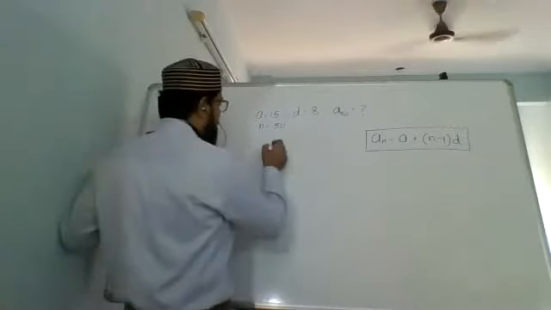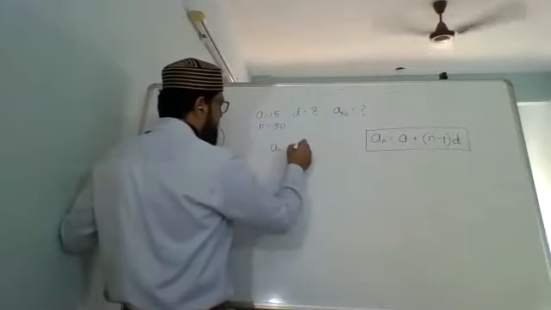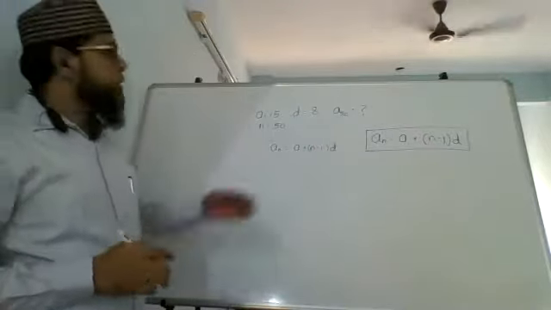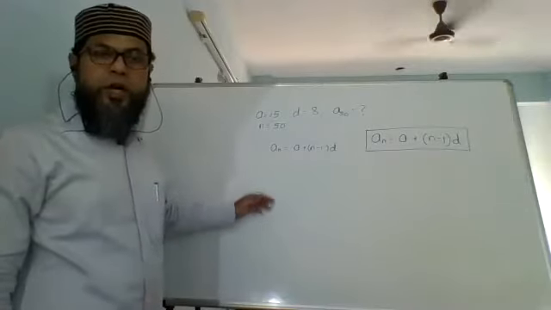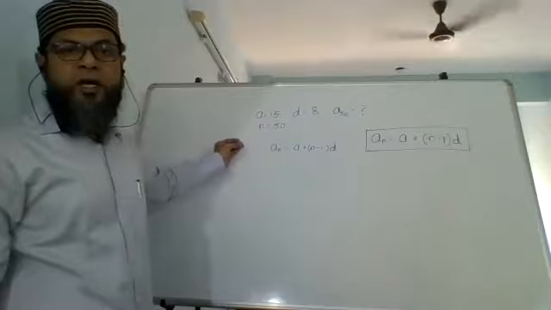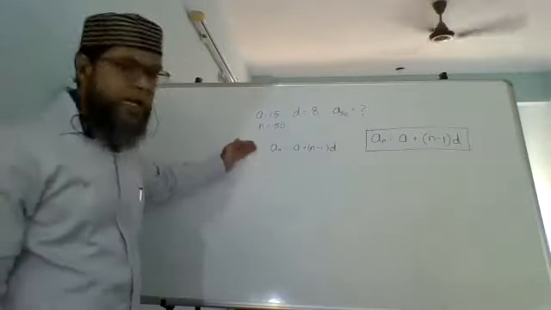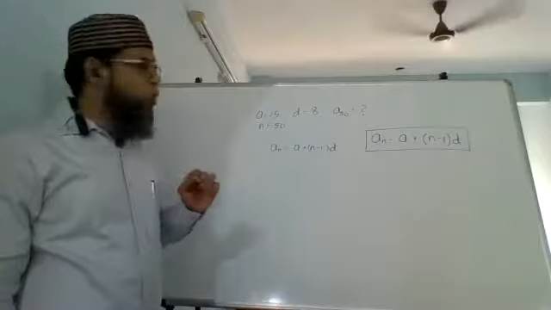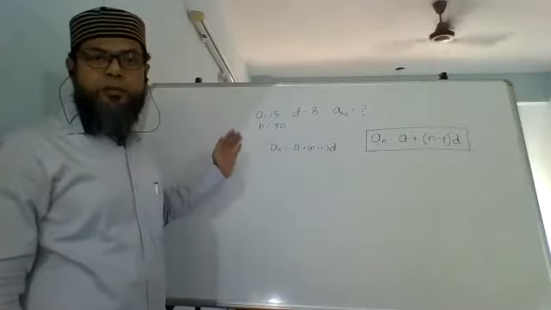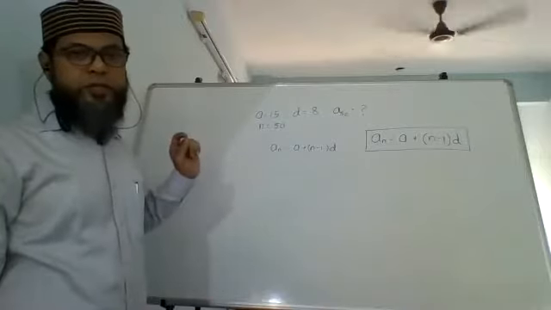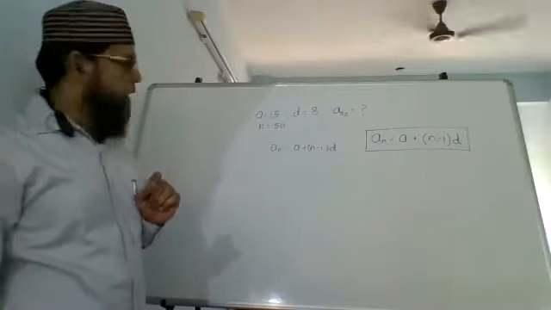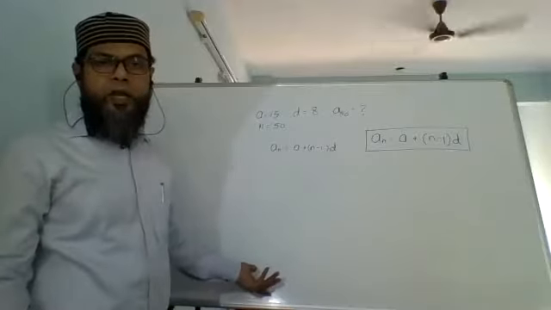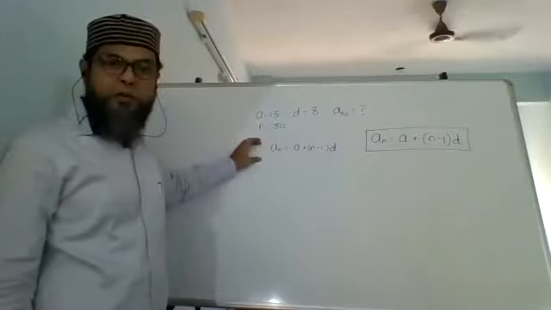So here now we always write AN equals A plus N minus 1 D, because even if you solve the sum wrong, but if your formula is correct, at least half a mark will be given to you. Because marks are there at each step. For every step there are marks. So don't skip steps, don't jump steps, don't take shortcuts, because if you skip steps, you're going to have a problem. If you think, oh, I know this but I didn't write it, half a mark is gone just like that, and the later part was wrong so you didn't get that either. But if you write this and the later part is wrong, at least half a mark will be given.